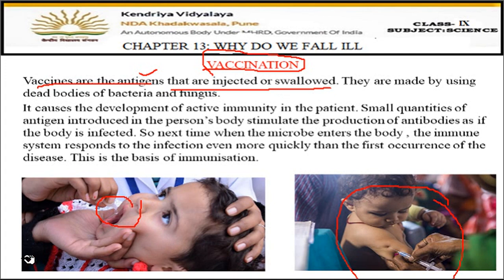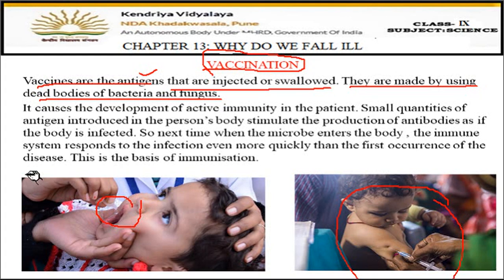Swallowed means taking it directly inside without chewing. As it is a liquid, it is directly swallowed. And you must know that vaccines are made by using the dead bodies of bacteria and fungus. The dead bodies of the microbes or germs are used to make the vaccines.